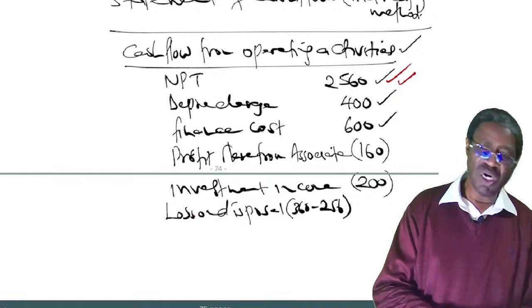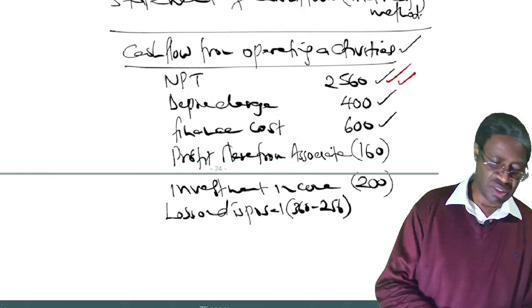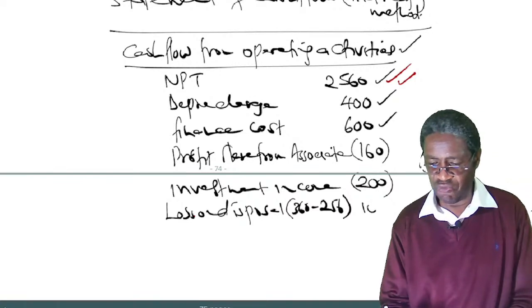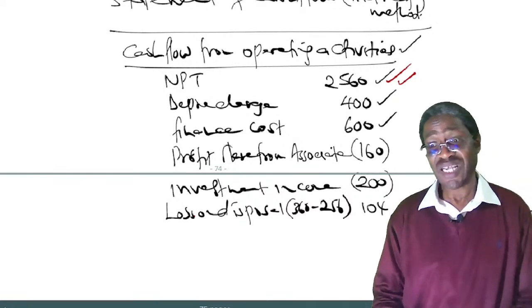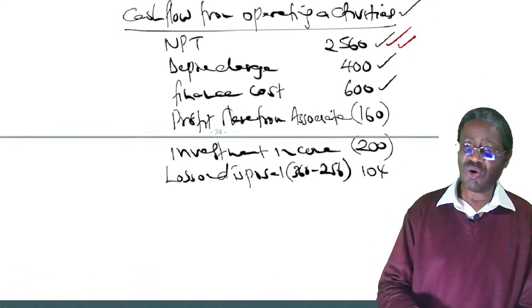What is our loss on disposal? It is 360 minus 256. And that gives me a loss of 104. You add. That's a loss on disposal. You add. Good. That's all for that.